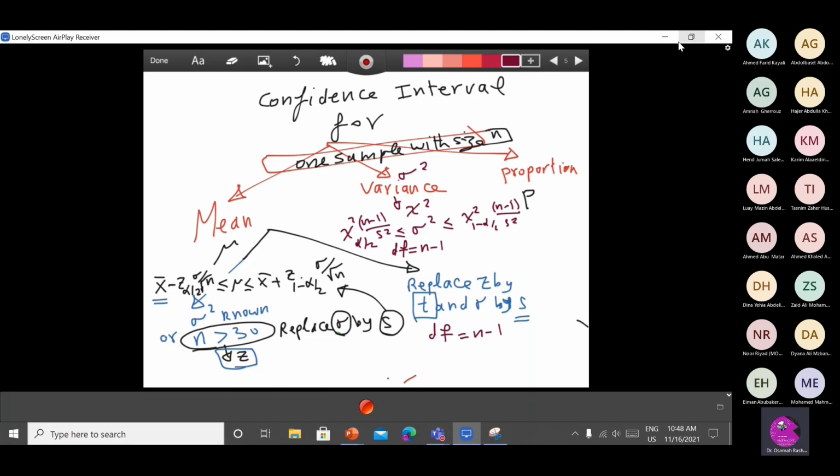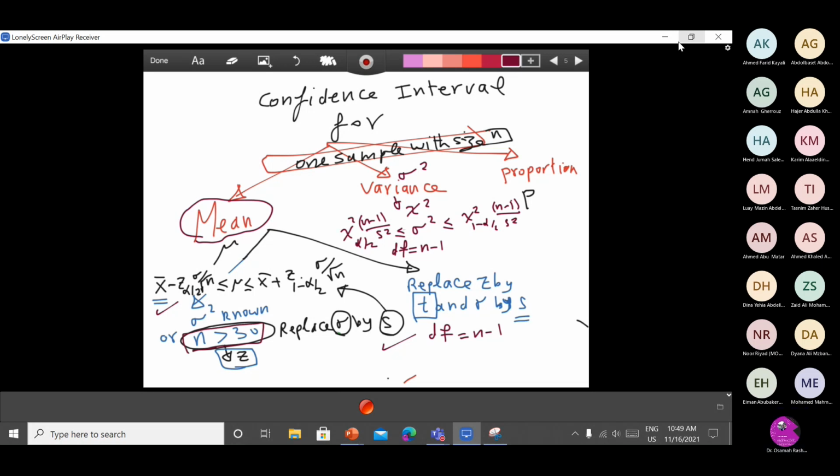So be ready when you find the confidence interval for the mean. You need to find the mean of the sample, and no need for the standard deviation of the sample if you have it for the population. You need the standard deviation of the sample when you don't have it for the population, with the one condition that the sample size is greater than 30.